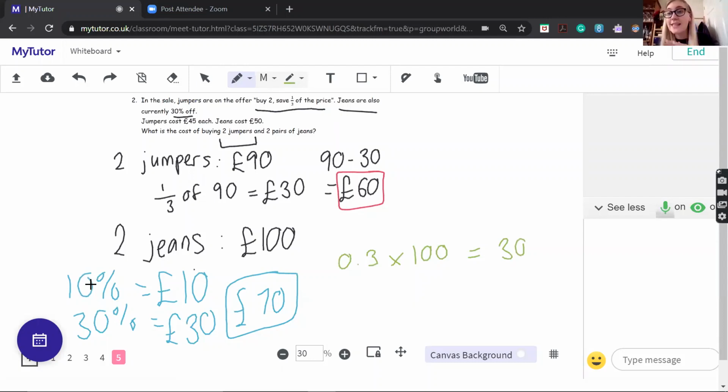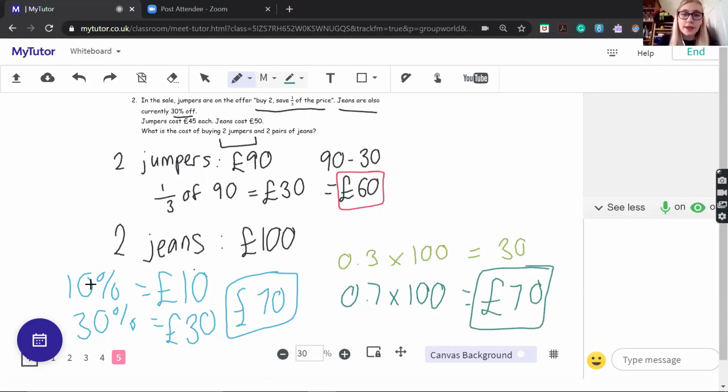Or we can save that subtraction step and just say, well, if they're 30% off, then we're paying 70% of the price. So we can straight away do 0.7 times 100 to get the answer immediately in just one step of £70. So then, as people have quite rightly said, the total is 60 plus 70, which is £130.